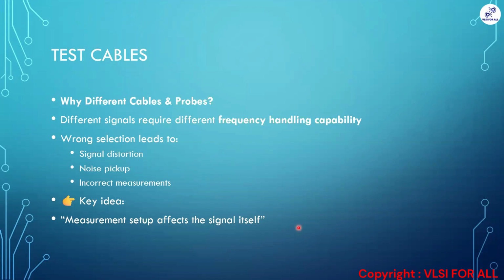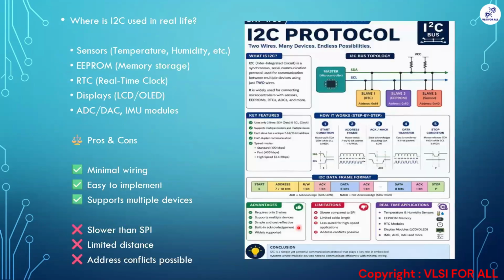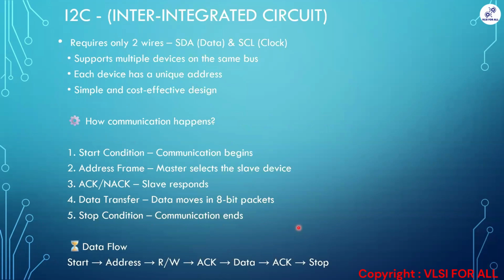Coming to the I2C interview type of questions, first they'll ask whether I2C is synchronous communication or asynchronous communication. You can say it's synchronous communication as a clock is there.